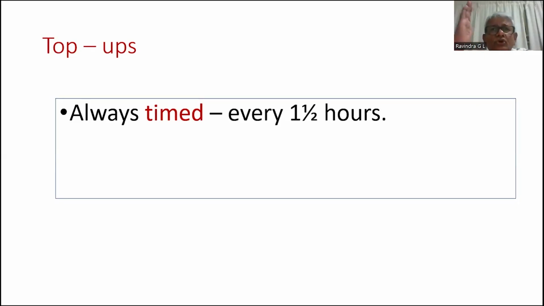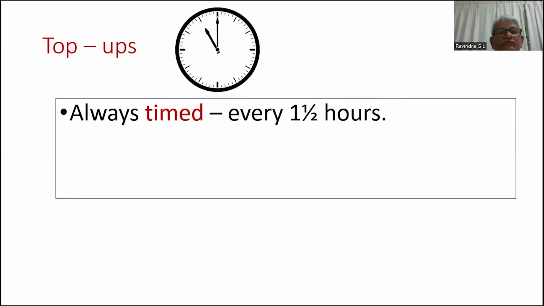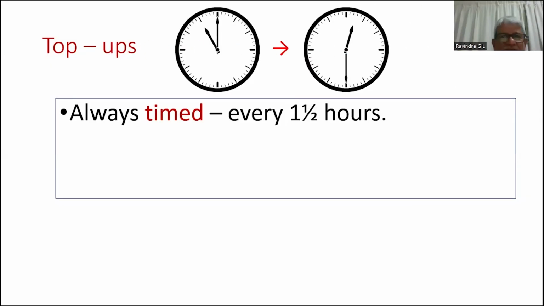In about 100 to 105 minutes, the pain starts appearing. So this is preemptive analgesia. We give it at 90 minutes so that the pain has not appeared at all. And that is when we top up. So if the first dose was at 11 a.m., the next dose falls at 12:30, naturally after 90 minutes.